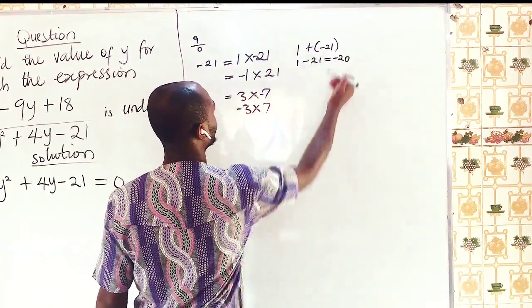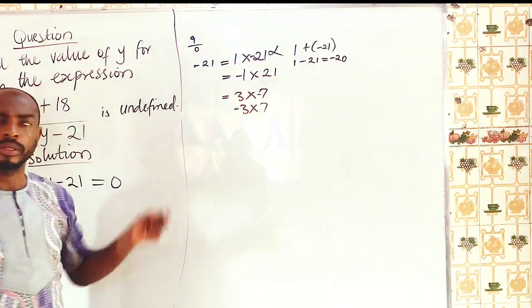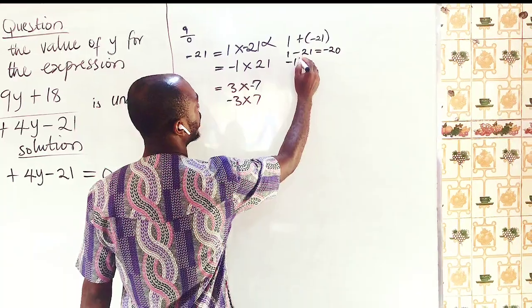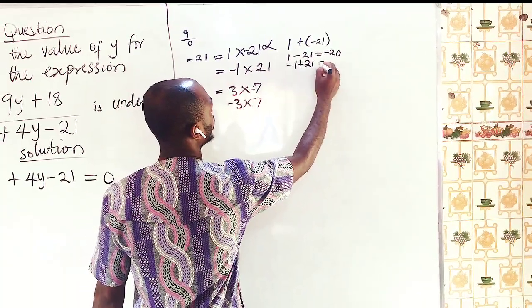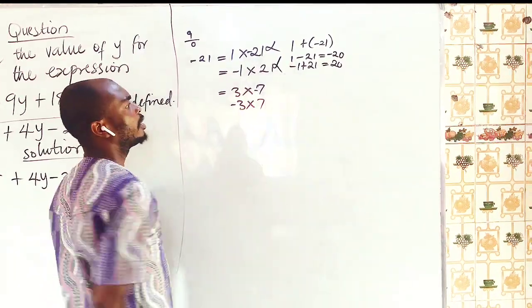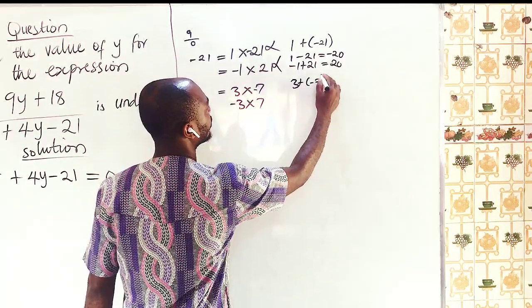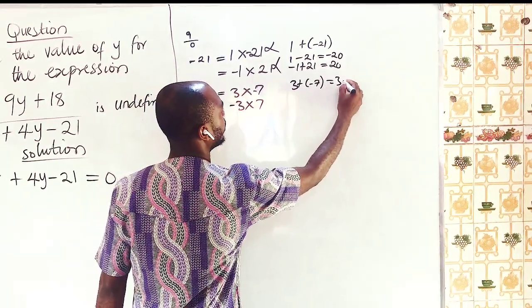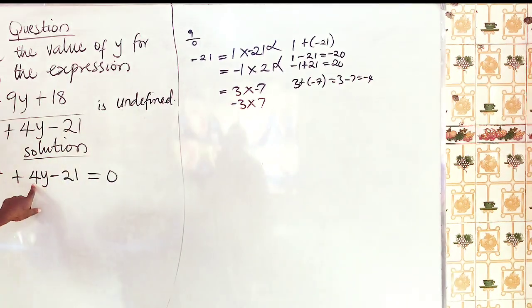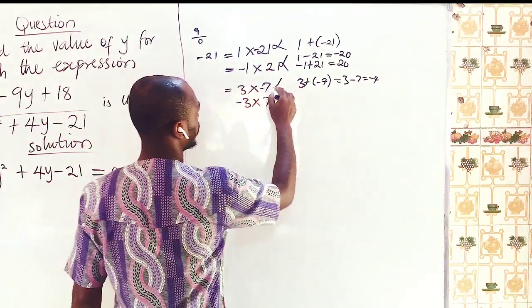Negative 20 is not 4, so we mark it wrong. We cannot use 1 and negative 21. What if we pick negative 1 and 21? That will give us positive 20. We cannot use this. Now, if we pick 3 and negative 7, that will give us 3 minus 7, which is negative 4. What we have here is positive 4, so we cannot use it.